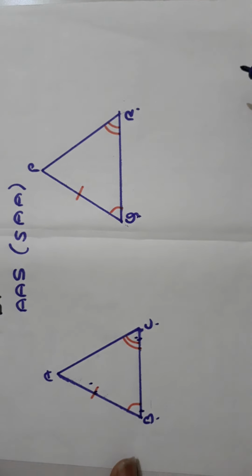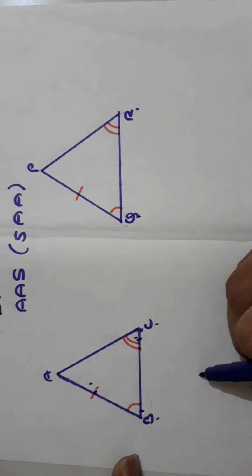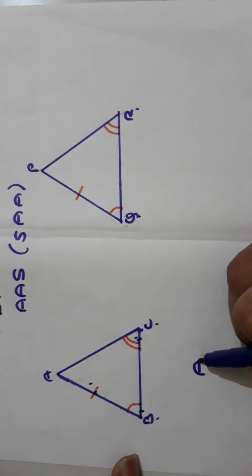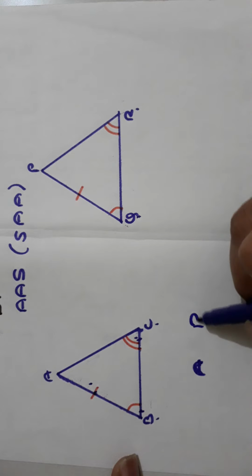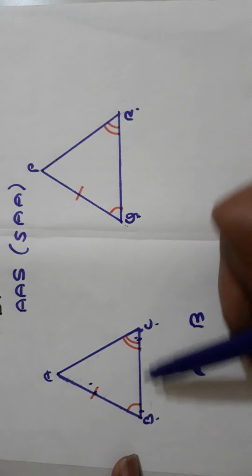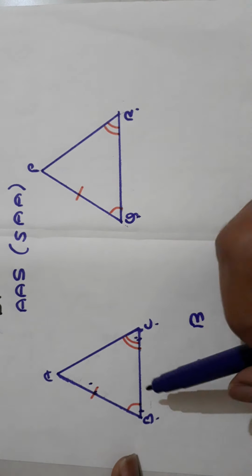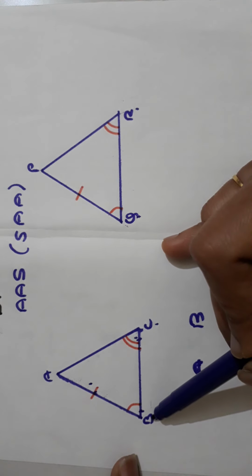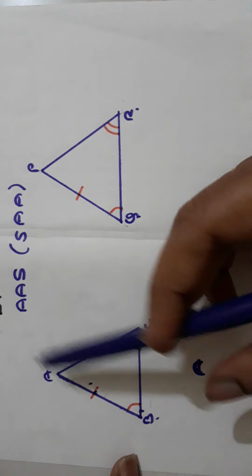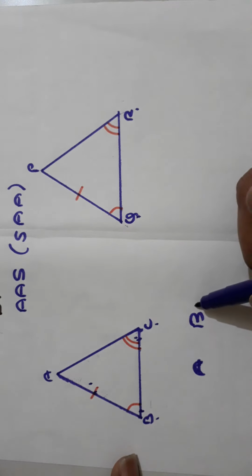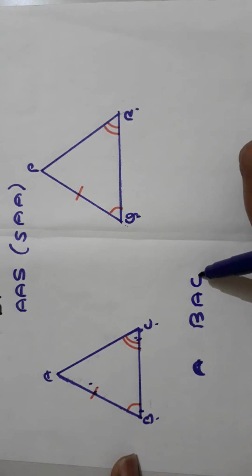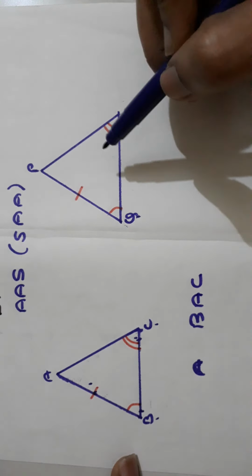Now how to write the congruency? So if I am starting at vertex B, I can move to vertex C or to vertex A. Now suppose I move from vertex B to vertex A. Now the path is indicated by a single line. So B to A to C. Now the same pattern for the next triangle.